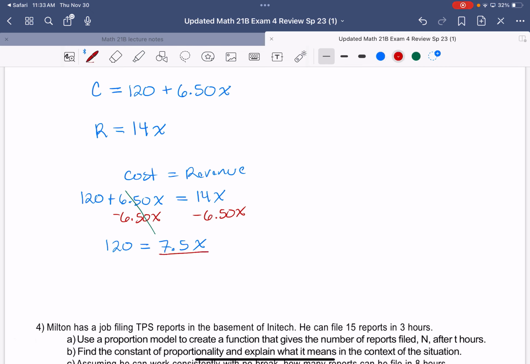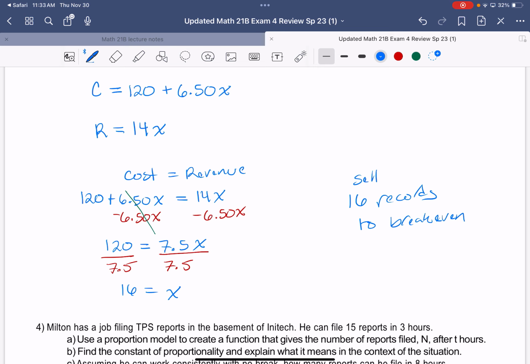We can divide both sides by 750. So 120 divided by 750 gives us 16. So 16 equals x. What does that mean? 16 what? 16 records to break even. He needs to sell 16 records to break even.